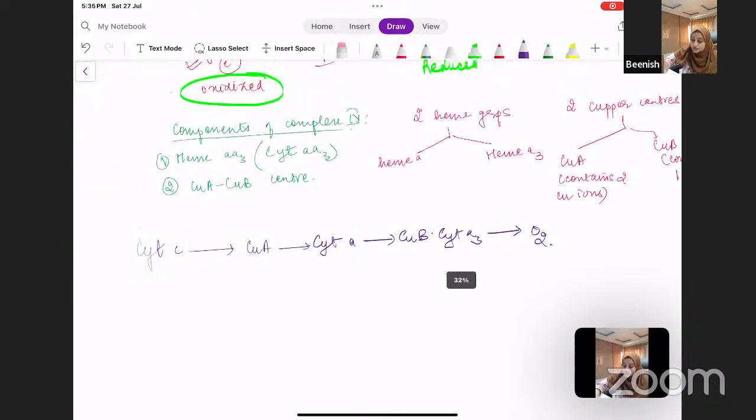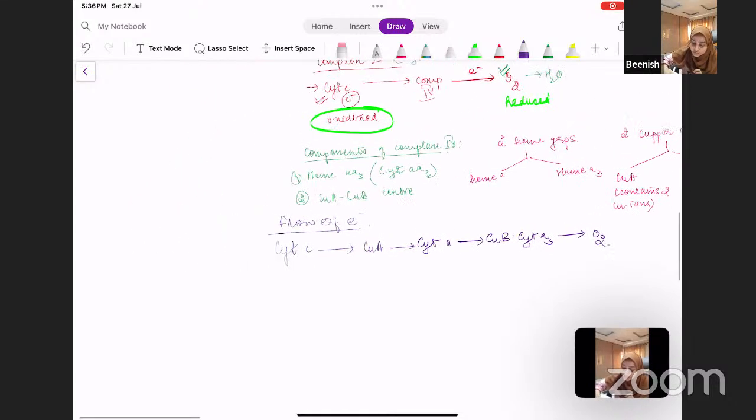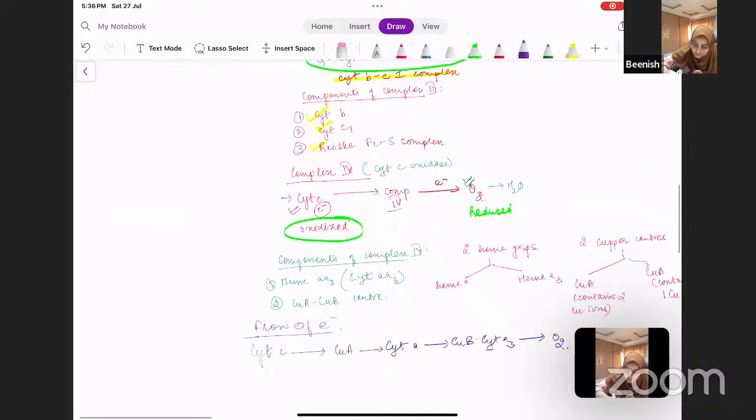So this is the flow of electrons, with oxygen being the final electron acceptor.